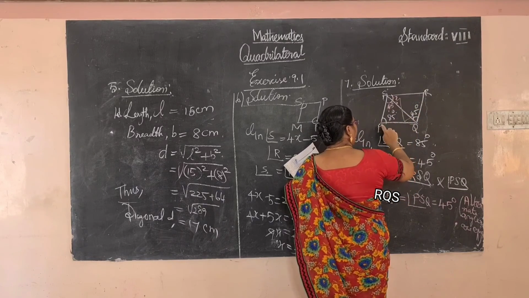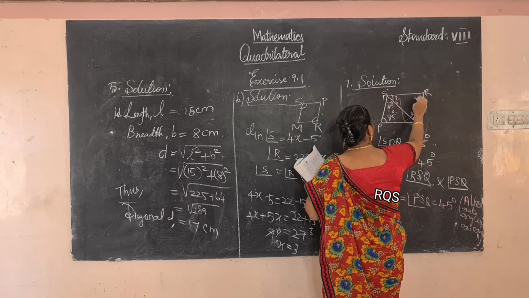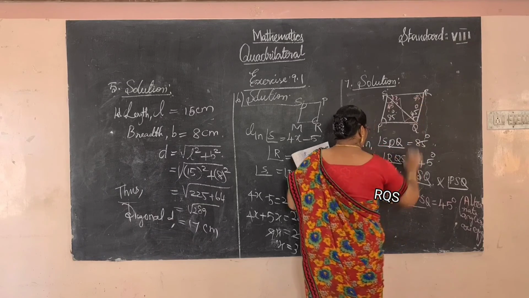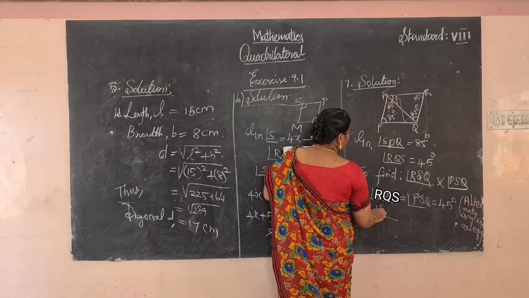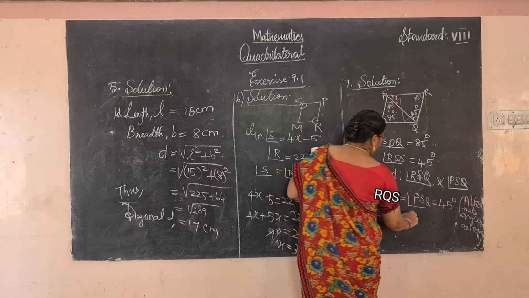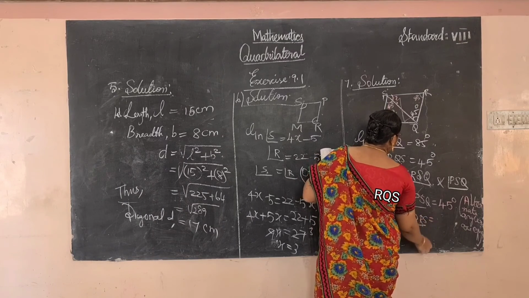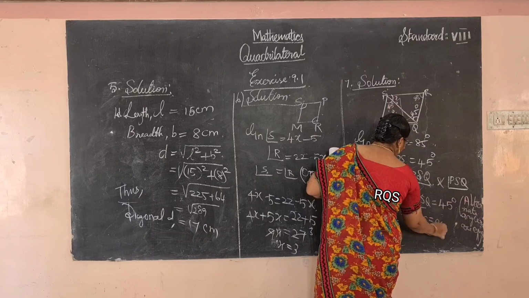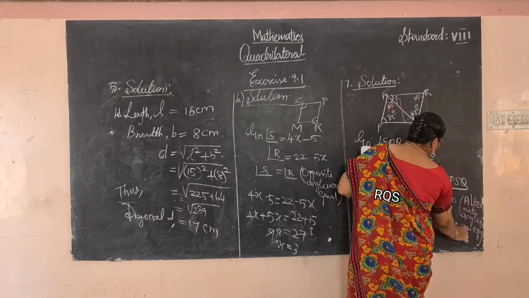P is opposite to R, so the R value is 85 degrees. Angle SPQ is equal to angle QRS, equal to 85 degrees. Opposite angles are equal.